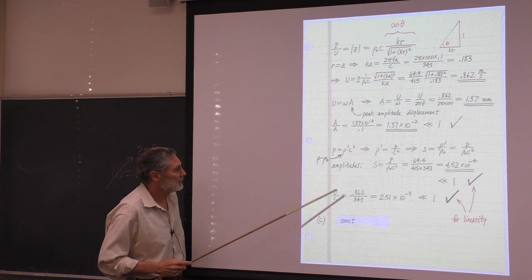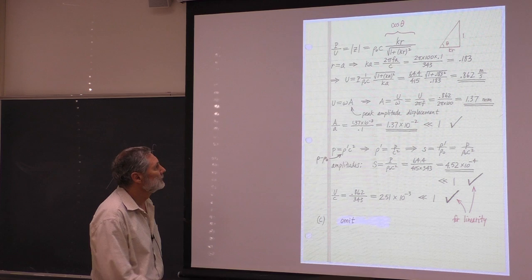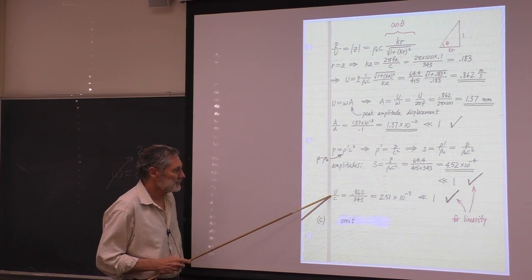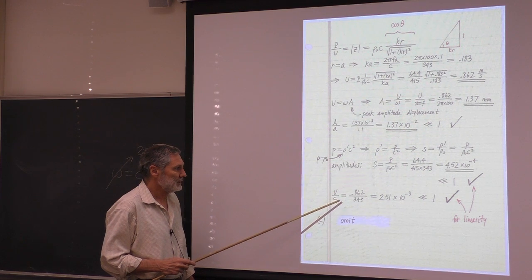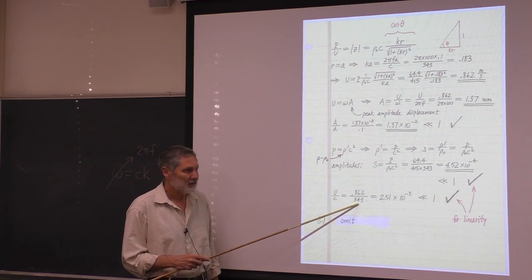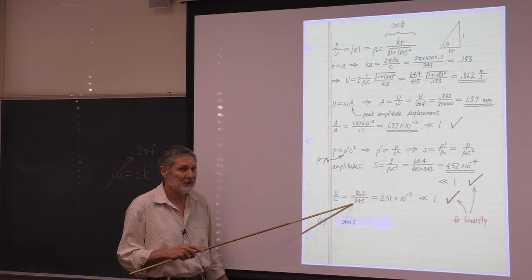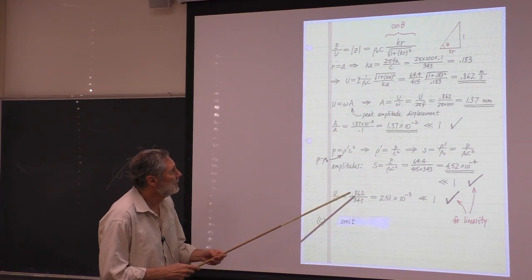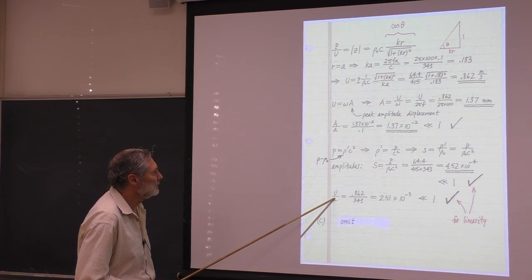So from here, we see that the peak particle velocity is much less than the speed of sound. We need that to linearize Euler's equation. Remember, we actually did that as a homework problem. So I made a mistake here. This is not the equation of continuity. This is Euler.